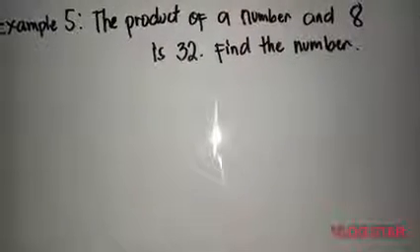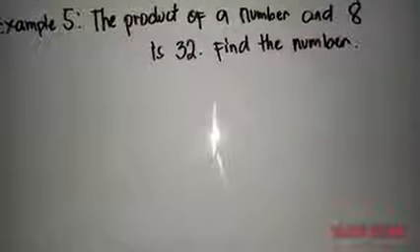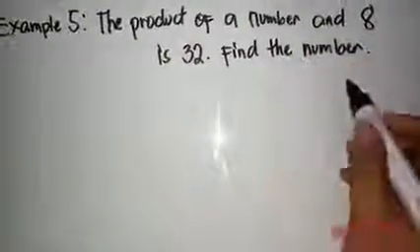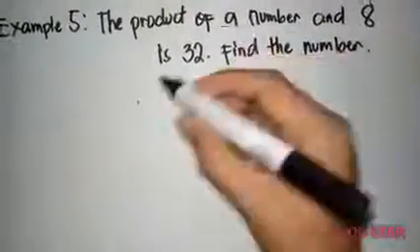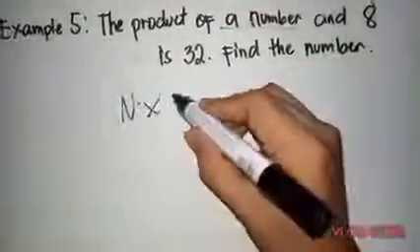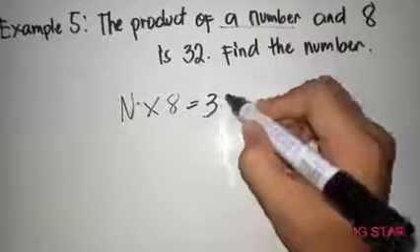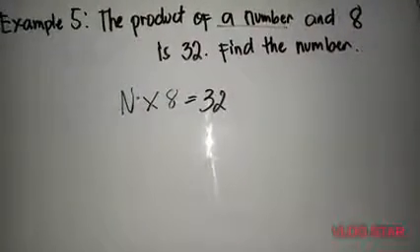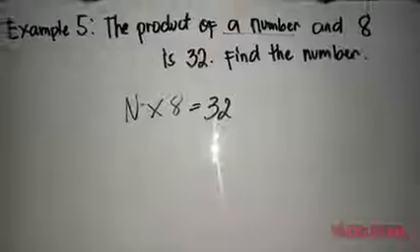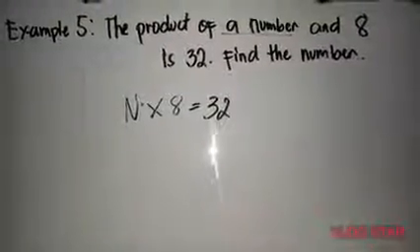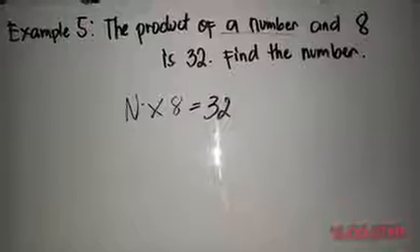The fifth example is find the number. The product of a number and 8 is 32. So a number, let's say that is n, times 8 is equal to 32. So in this case, n times 8 is equal to 32. How can we get the answer?